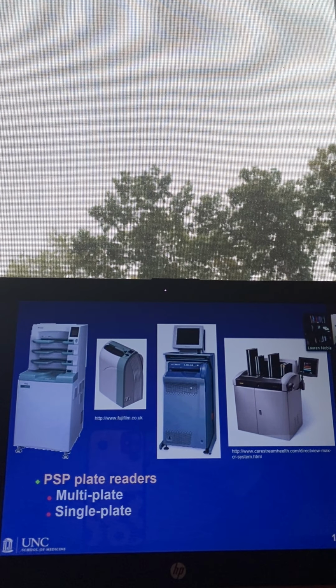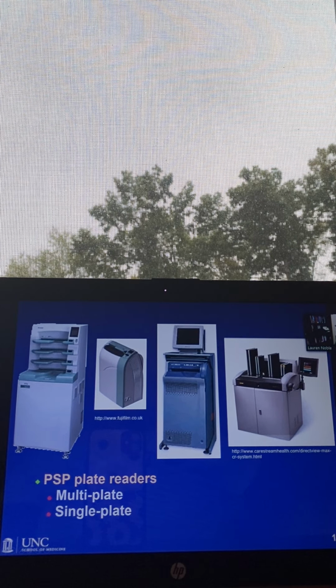This particular plate reader here just has one slot, but it has a workstation connected directly to it, which is kind of nice. And then this one over here happens to be by Carestream, which used to be Kodak. With this one, you can put in multiple plates, more than you can with this Fuji reader, but you notice that they are placed upright here, like a little conveyor belt.